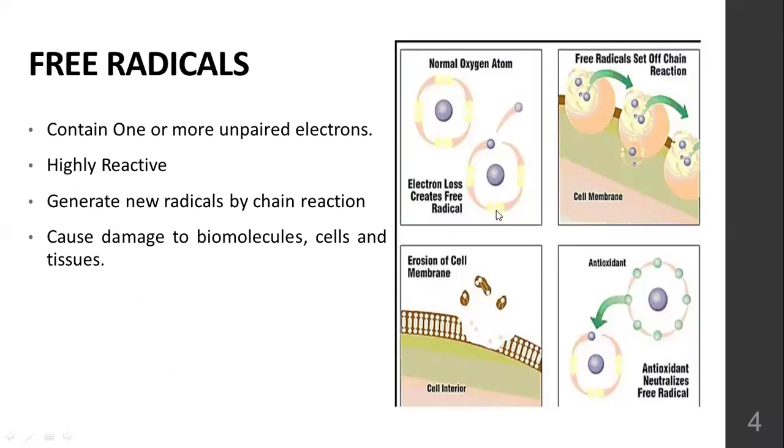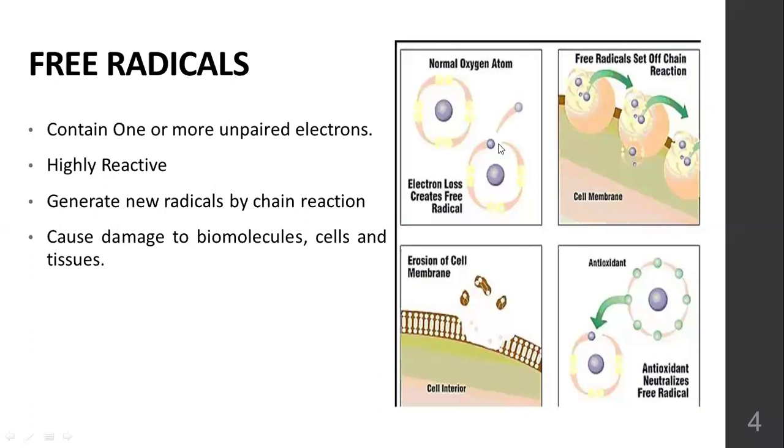So there are only 3 pairs remaining and one single electron. Now this is an unstable oxygen atom. This is a free radical. It can travel in your body and attack your healthy cells and tissues.